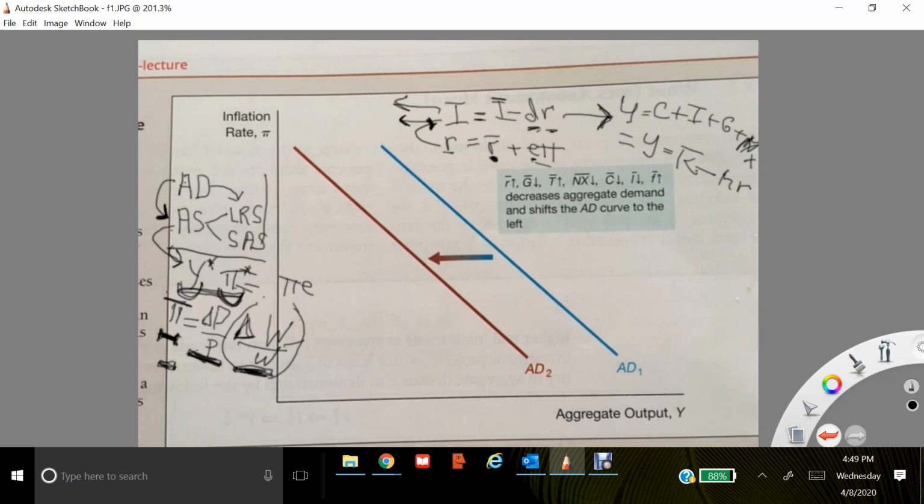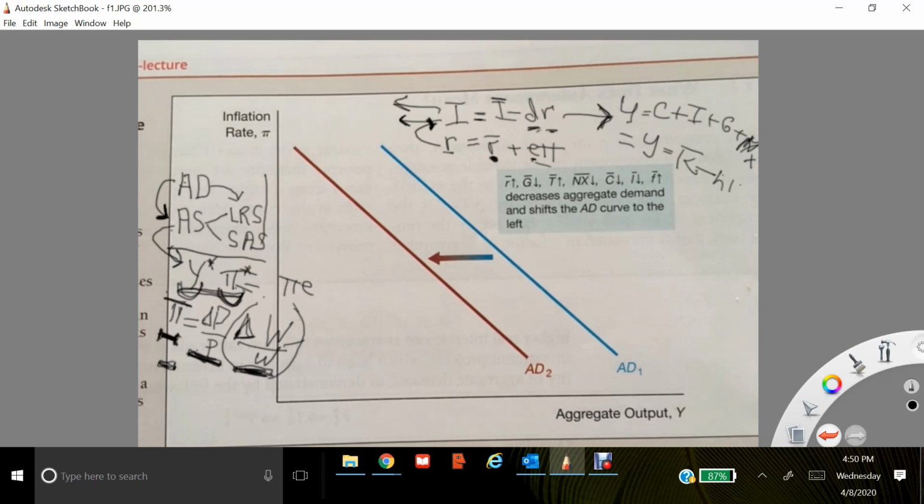You can see that the IS curve, this real rate here, because of the monetary policy curve, becomes a function of the inflation rate. Whoops, I made a little mistake there, sorry about that.